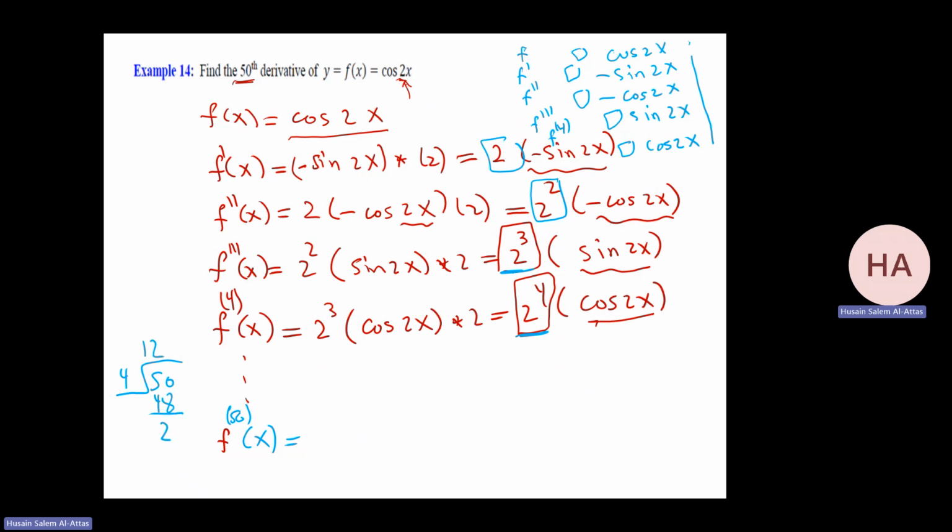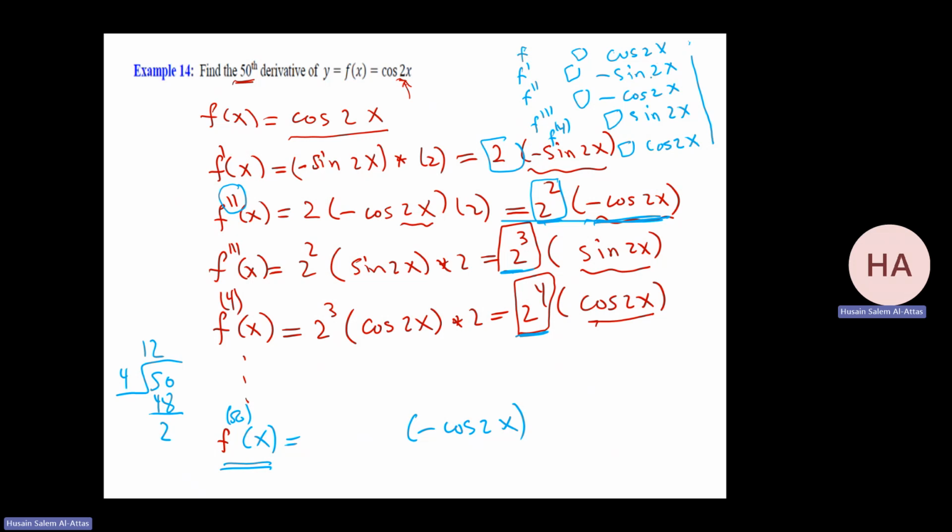The remainder is 2. So as a function, the 50th derivative is similar to the second derivative, but not as a value or as a number. So I'll take this function, which is minus cosine 2x, because it's going this way.